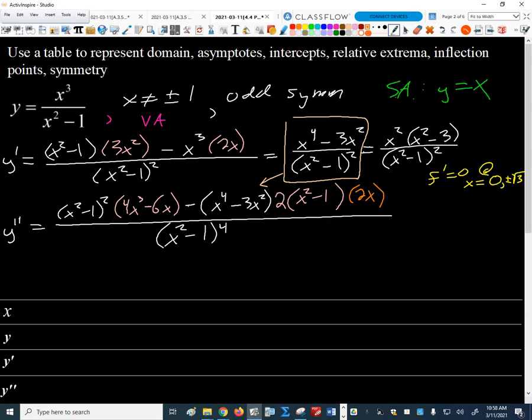Now, here's where we factor out. We try to factor the top and cancel like terms and things like that, right? So what are some things we could factor out of the top? What are the bases that could be factored out of the top? X squared minus 1. Okay, so one base is an x squared minus 1, right?